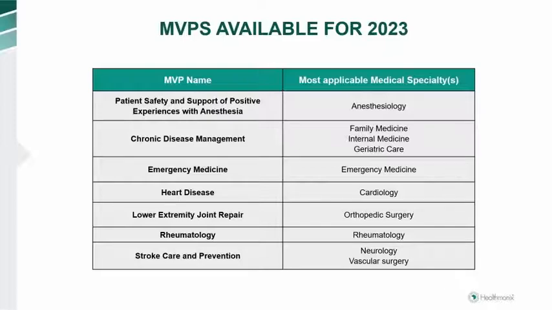The goal of CMS moving forward really is to maximize the MVPs and have everybody either part of an APM or MVP moving forward. So I do have the expectation that this number of 7 will grow astronomically, if not before 2023, moving into the 2024 year. I think everybody's going to want a piece of this.